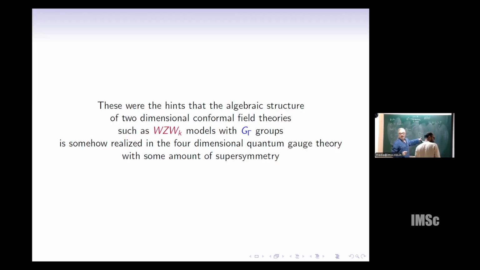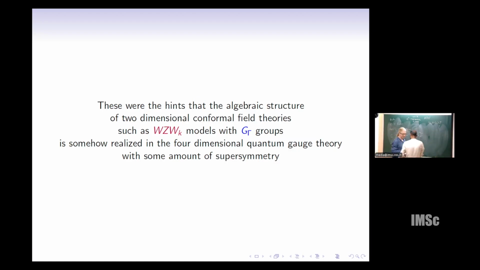Remember that gamma acts on C^2, a subgroup of SU(2). You can take a quotient. The quotient will be a singular space, but you can resolve it.